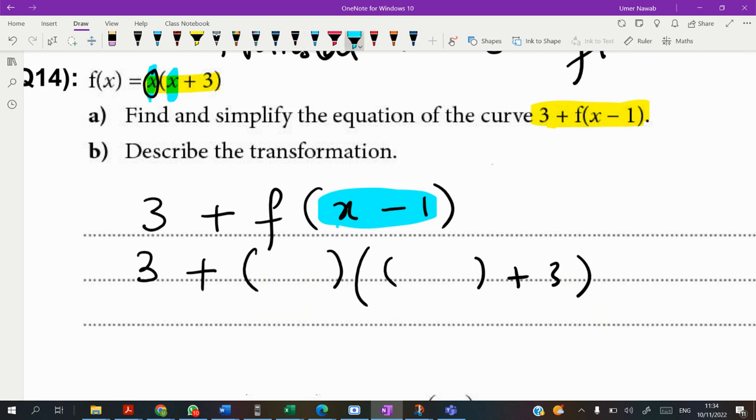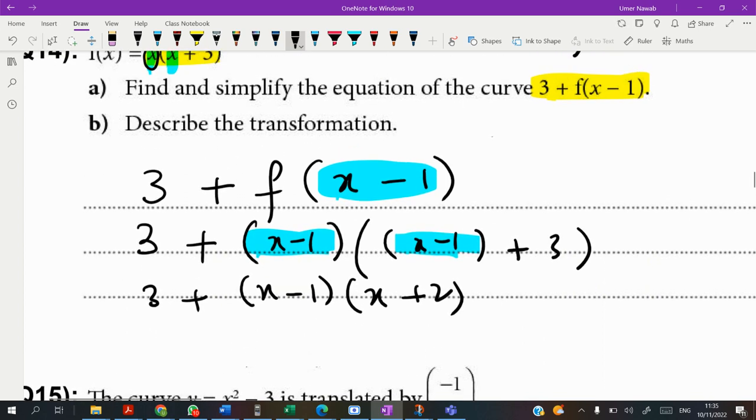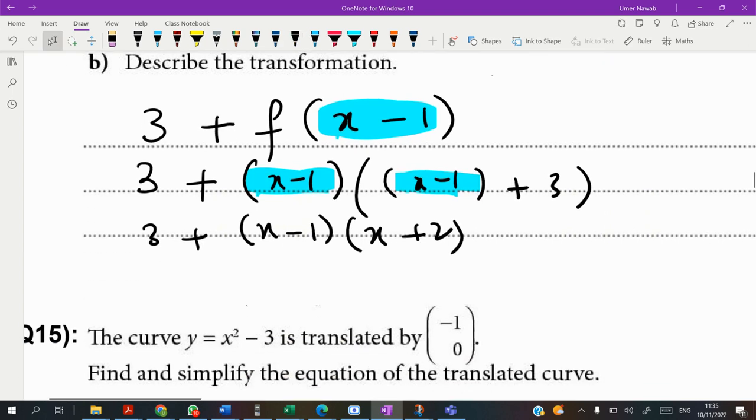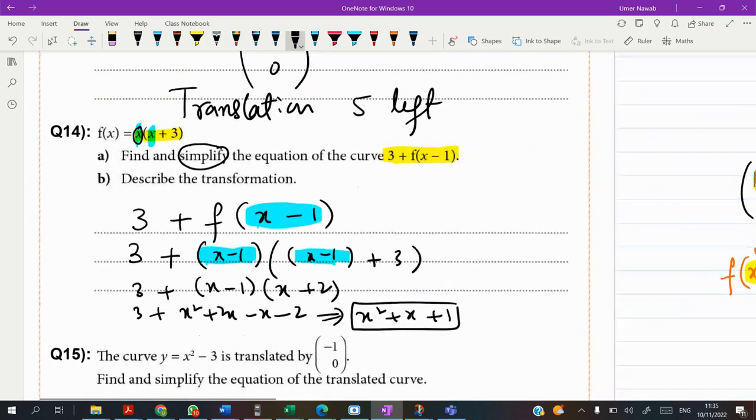In the place of f of x, I'm going to write x minus 1. Do you want me to simplify? Because he used the word simplify. Open the brackets. So this is the simplified form.